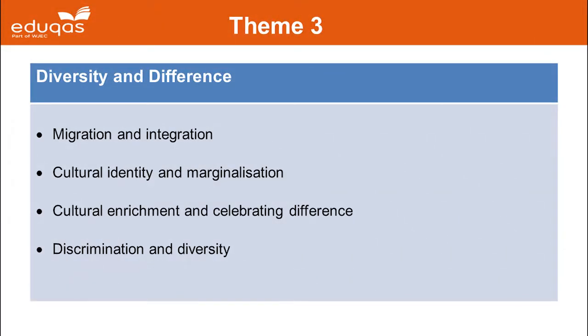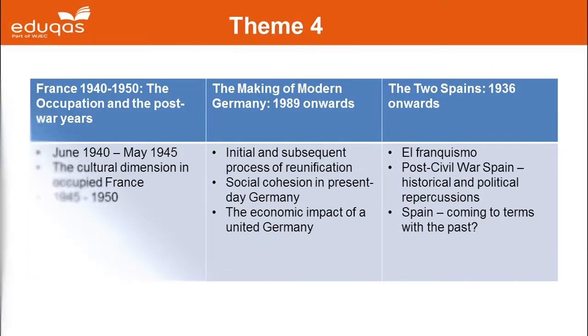The resources on Theme 3, Diversity and Difference, give a good coverage of migration and integration, cultural identity and marginalisation, cultural enrichment and celebrating difference, and discrimination and diversity. Theme 4 is obviously the theme with a historical impact and is different for each of the 3 languages.